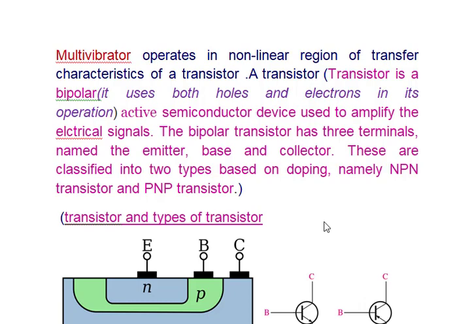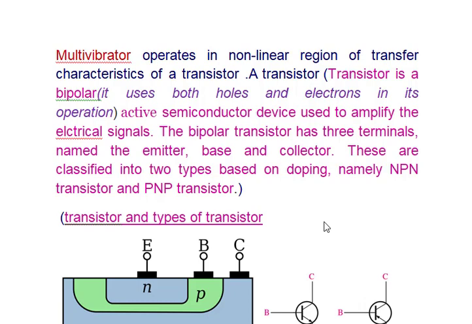The bipolar transistor has three terminals: emitter, base, and collector. The emitter and base are always connected with forward bias. The collector is always connected in reverse bias. What is forward bias?